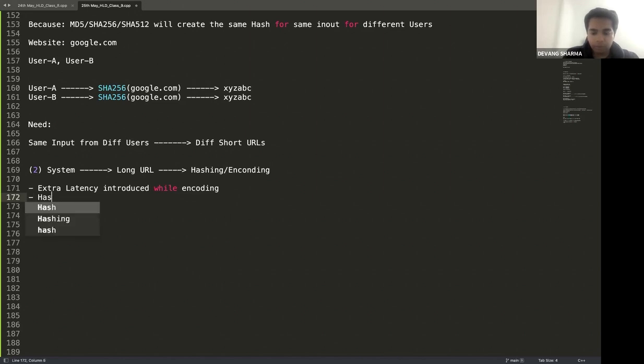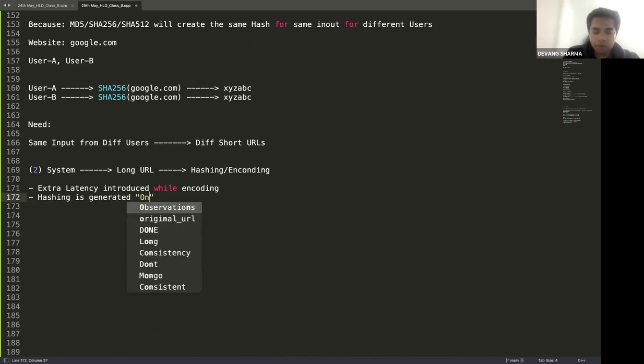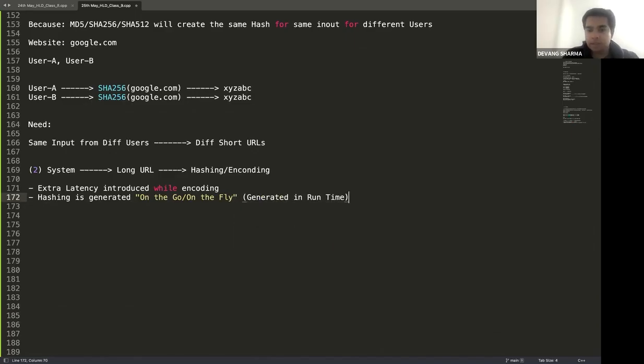And number two, hashing is generated on the go, on the fly, same terms. Basically, it's generated at runtime. Since your hashing is generated at runtime, it's going to introduce some extra latency, which we do not want in real time.